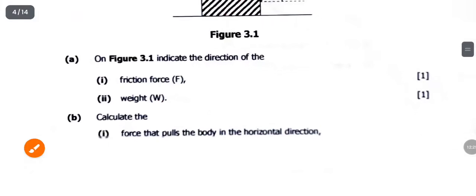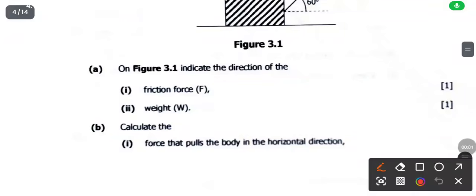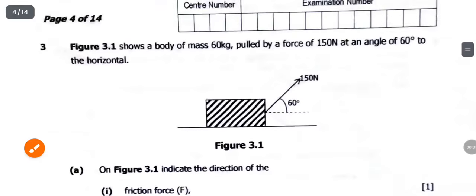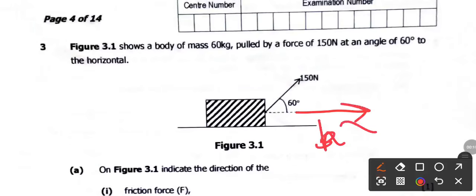All right, B says calculate the number 1 force that pulls the body in the horizontal direction. Okay, so this means we should calculate the force that pulls the body in this direction here, and let's call this force X. Okay, so to calculate this, we'll apply a little bit of trigonometry.